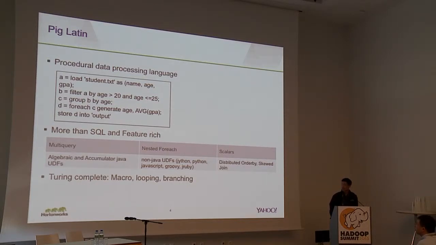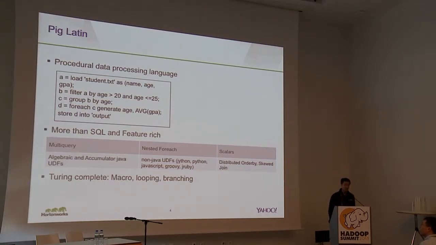So you first load the data into alias A, and then you do a filter, and you only retain a certain age group of this relation. And after that, you do a group. And then you do a foreach to get the age and the average GPA for that age group. And then you store into HDFS.